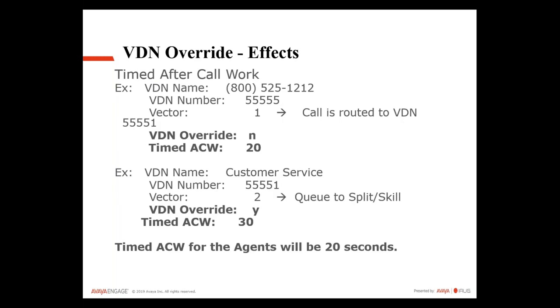Timed after call work is another example of what would happen here. So we've got the active here, and timed after call work will be 20 seconds because the call comes in and then customer service asks, the main says no, so the main's after call work is going to override the timed after call work on customer service.